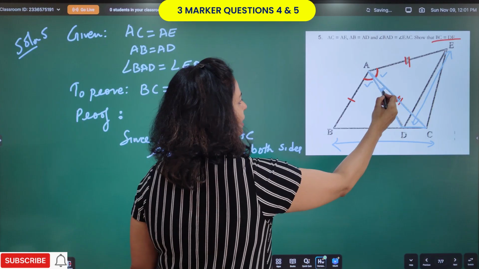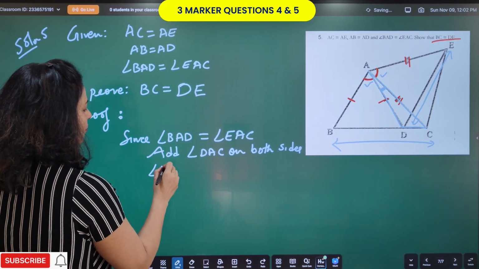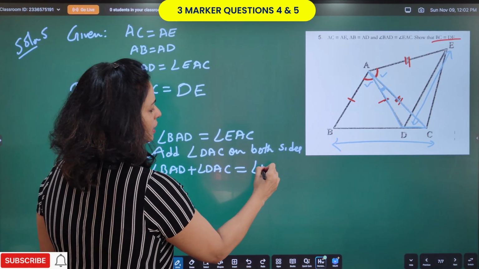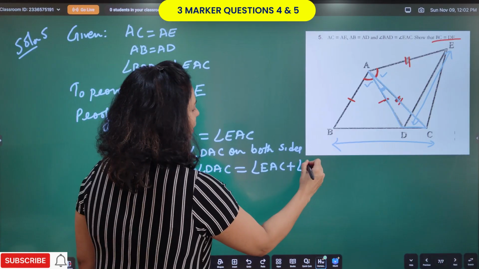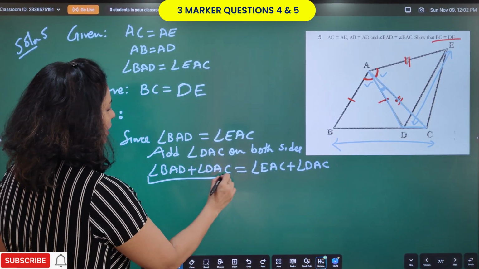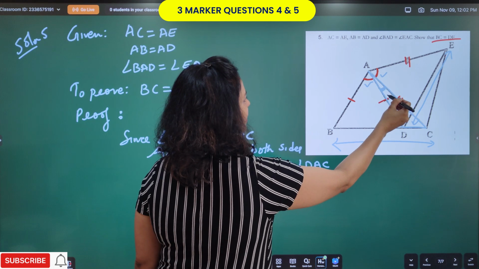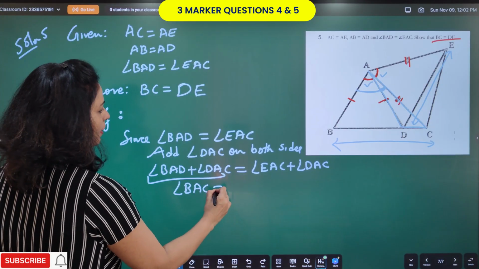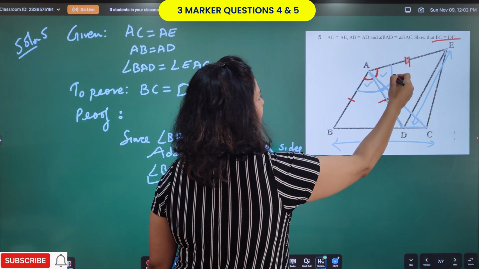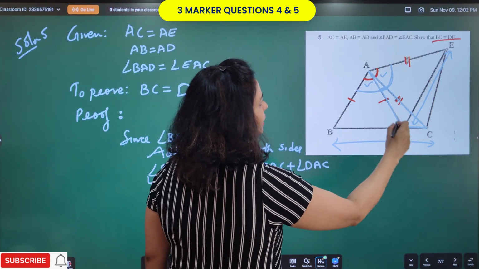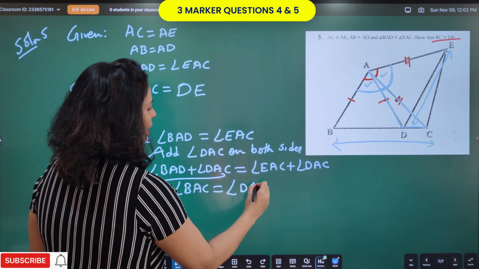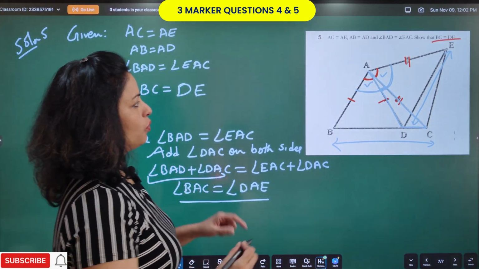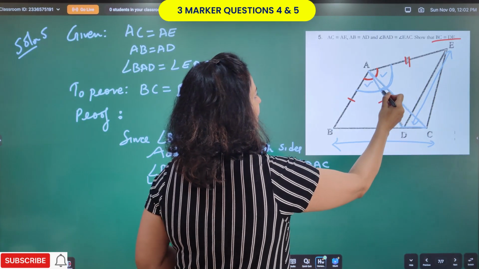If I add BAD plus DAC, the whole angle I get, right. So I get angle BAC is equal to, here also if I add this angle, I will get the whole angle DAE. Okay, so this whole angle BAC is equal to DAE.